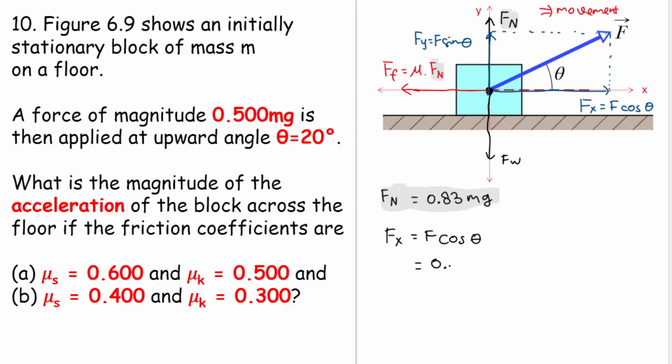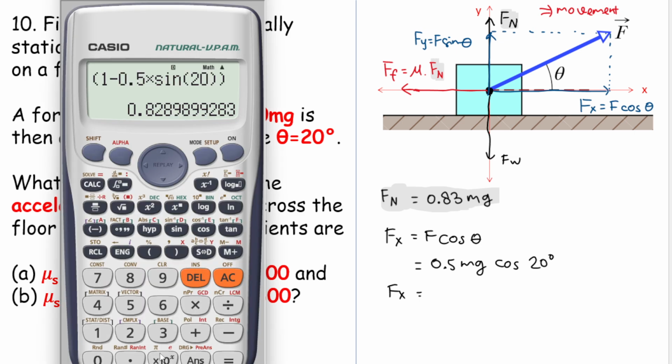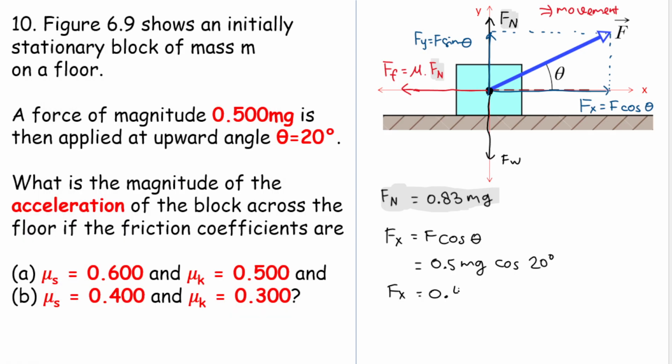So let's plug that in: 0.5 mg and then cosine of theta, where theta is 20 degrees. 0.5 multiplied by cosine 20 will be 0.47, so 0.47 mg. Good.